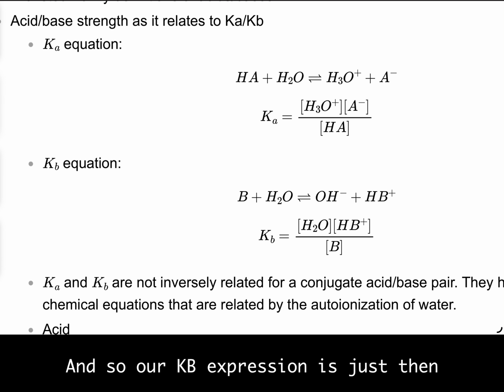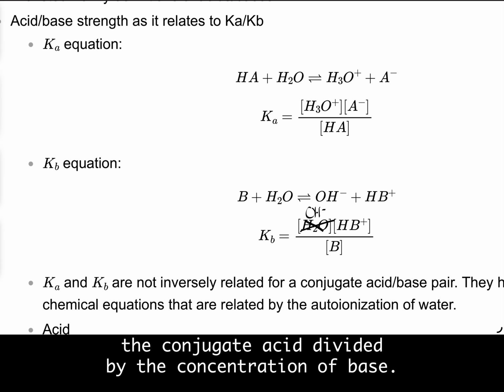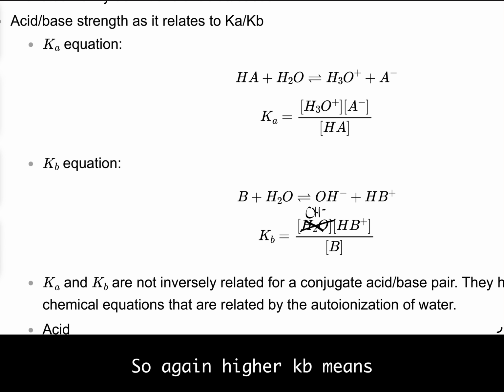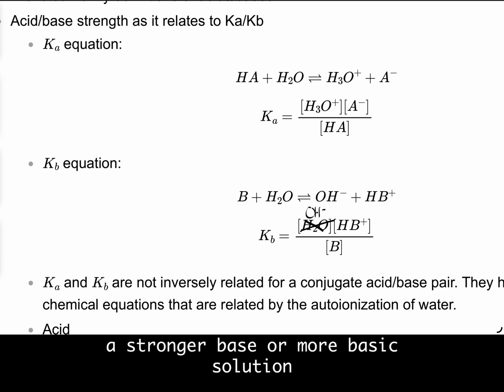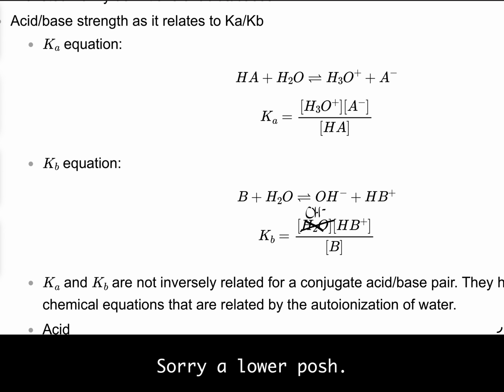And so our Kb expression is then, oh, that's supposed to be OH minus, OH minus times the conjugate acid divided by the concentration of the base. So again, higher Kb means a stronger base or a more basic solution, which would also be a higher pH, or a lower pOH.